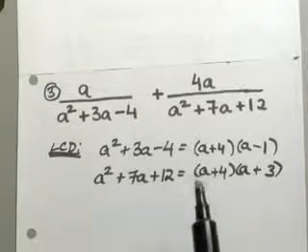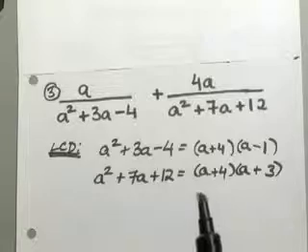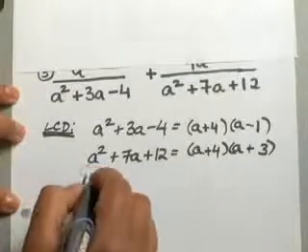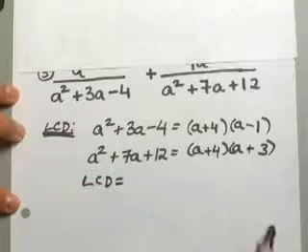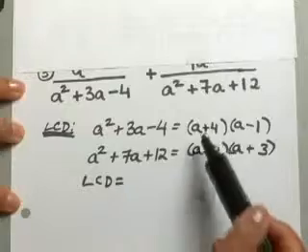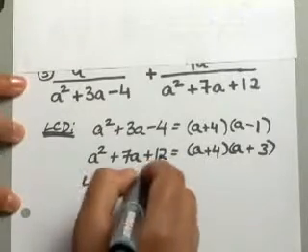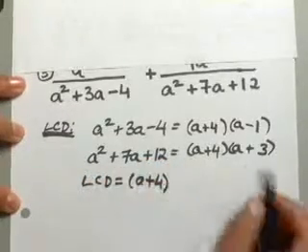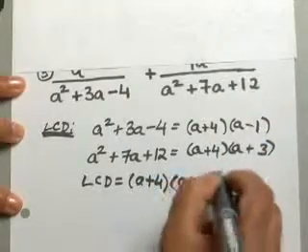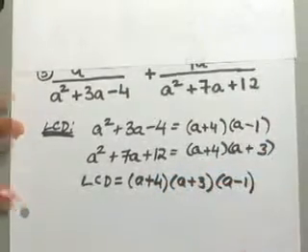Okay, now once you factor your denominators, you can easily try and see what your LCD, or your least common denominator, is going to be. Now both the denominators have a plus 4 common, so we'll go ahead and write that down once. And then you had an a plus 3 on the second one and a minus 1 on the first one.